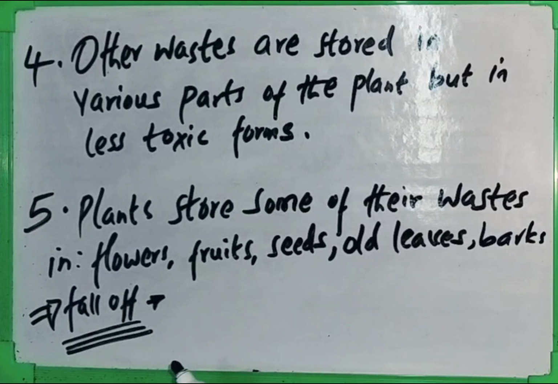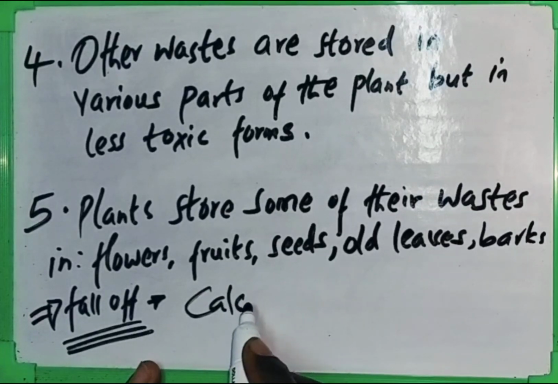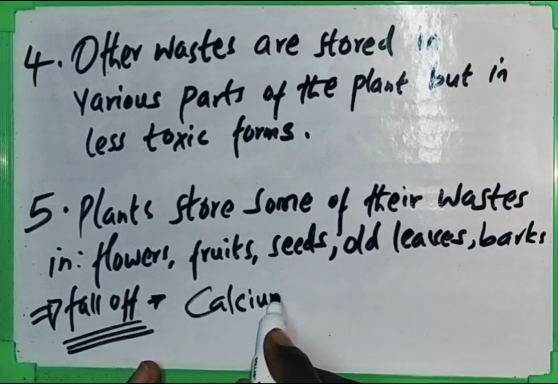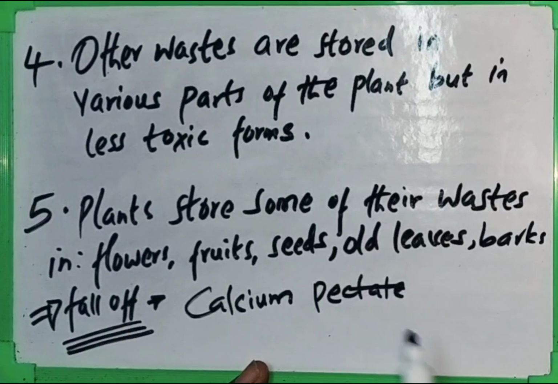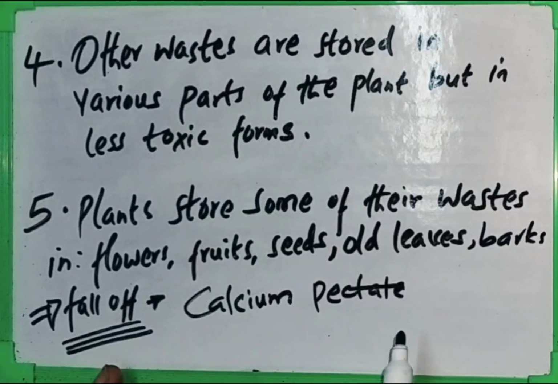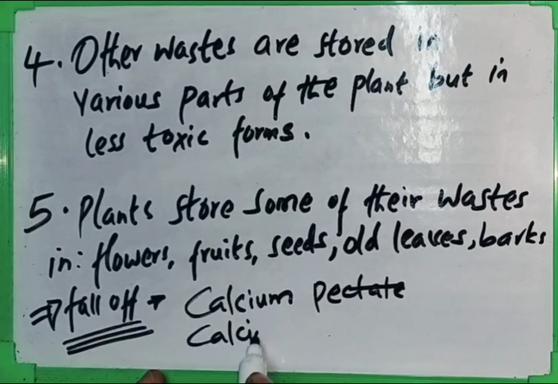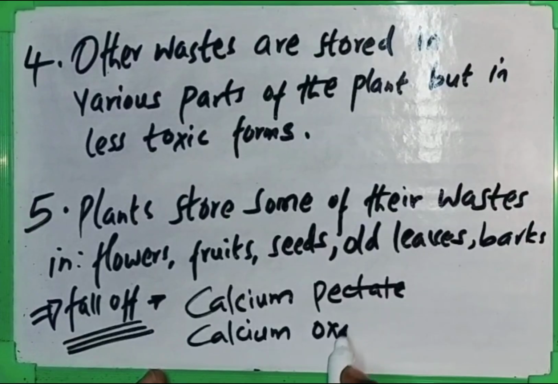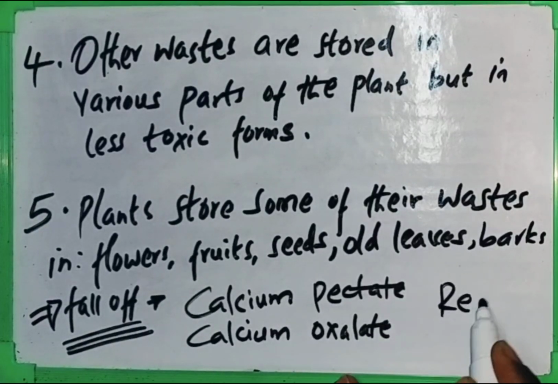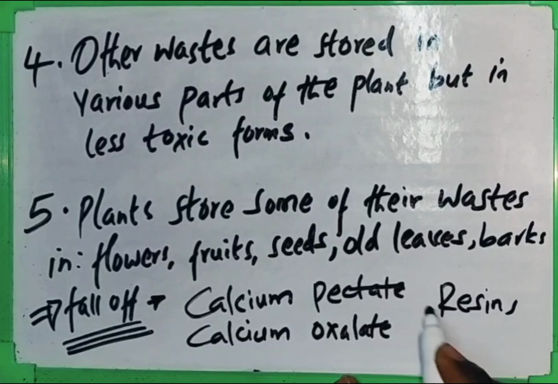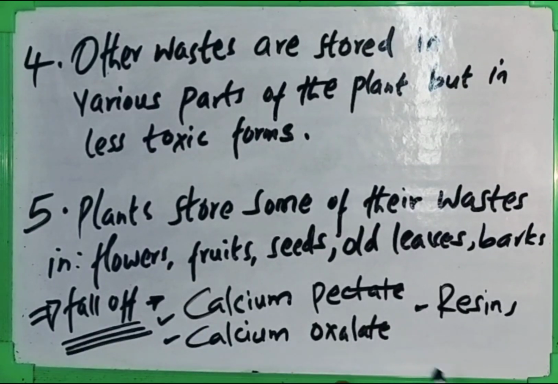We can talk about examples of these wastes that are produced that way: calcium pectates, calcium oxalates, resins, and tannins.